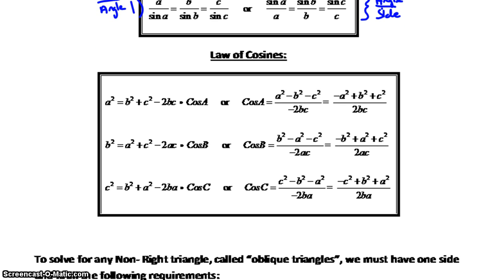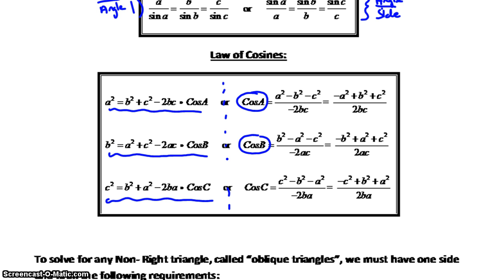Law of cosines, they were the following. We probably studied it pretty much on the left side here, but there was mention where we could solve for the cosine of A, the cosine of B, and the cosine of C. Take note that if I'm looking for the side a, I must be given the angle A. They're kind of like bookmarks, the end points, the beginning and the end.